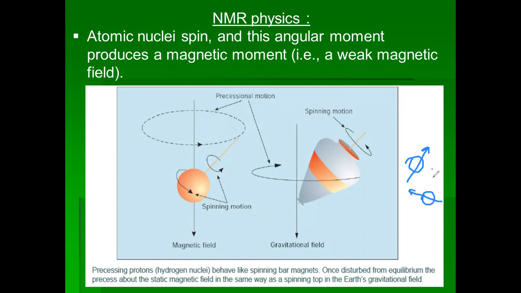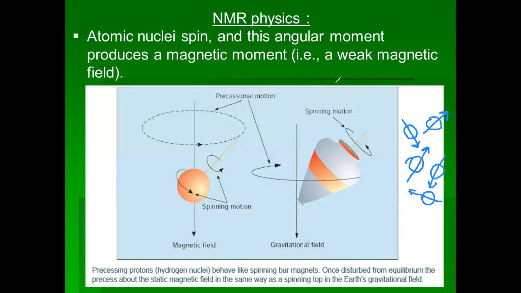There will be a random distribution of the spinning protons, or spinning hydrogen nuclei. Due to this random spin, there will be cancellation between the opposite spins, and so the magnetic field will tend to be zero. This is in the absence of any magnetic field.